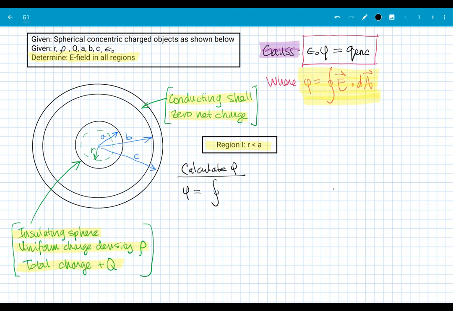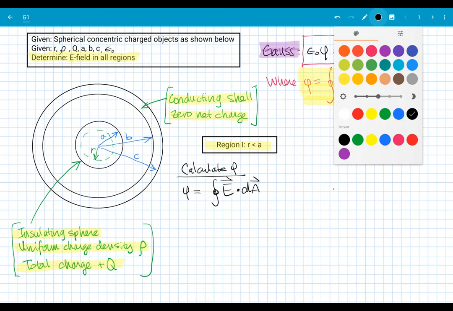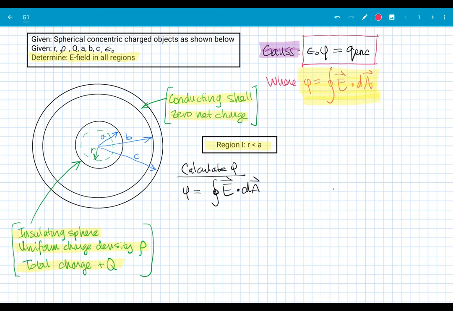We have a closed surface integral here, E dotted in with dA. Now dA, of course, is an area vector, and remember that it is always directed outward. Outward normal is how it's defined in this case.